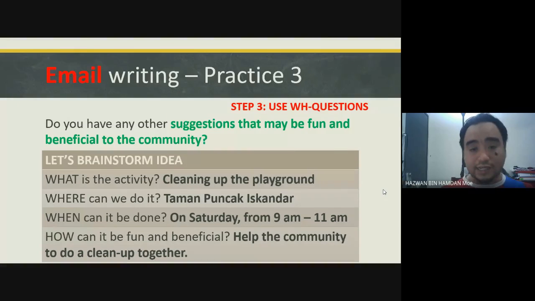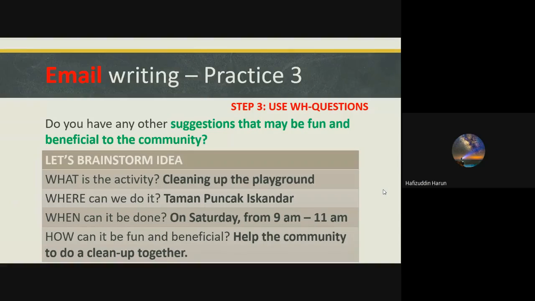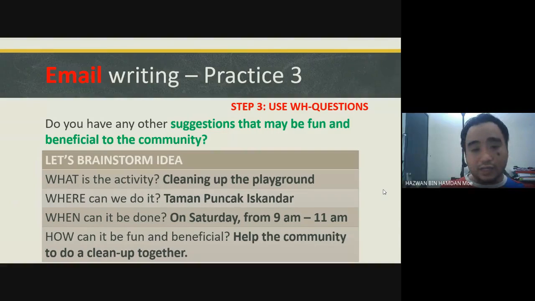Saya bagi contoh yang ringkas, but what I want you to do after this, when you write your own response in your book, is to make sure your response is not less than 80 words. So you have the activity. You boleh tukar lah aktiviti ikut you.